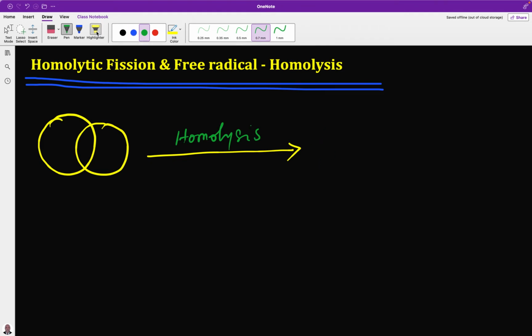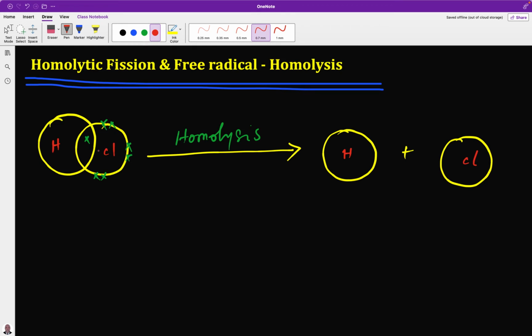It results in, that is chlorine there. Let's go for hydrogen. That is hydrogen there.